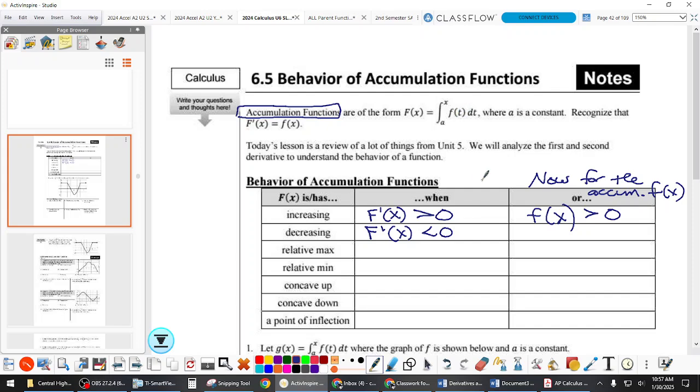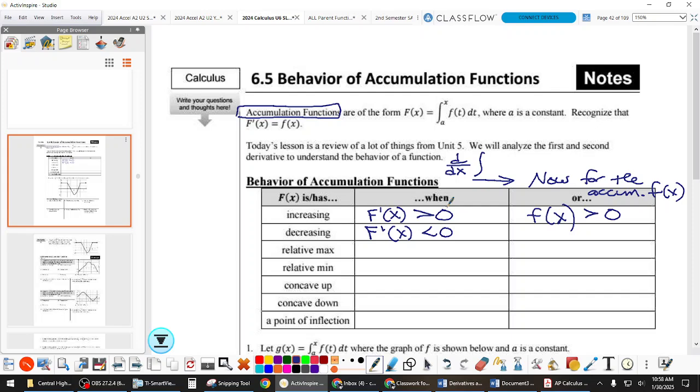So to get over here, it's always going to be d dx of the integral, and those cancel, and we're just left with the inside. So F prime is the derivative of an integral, which is just the leftovers inside. Does that make sense now?